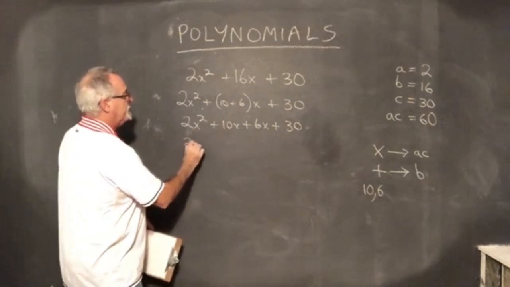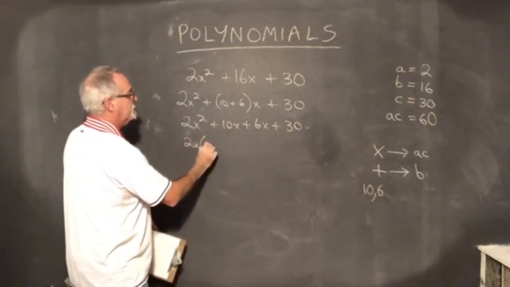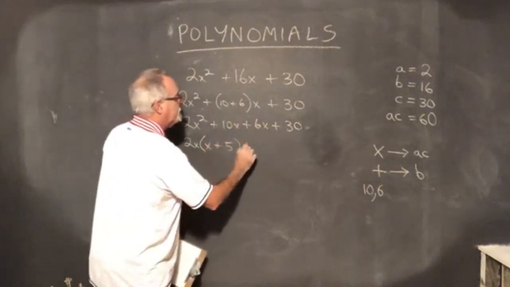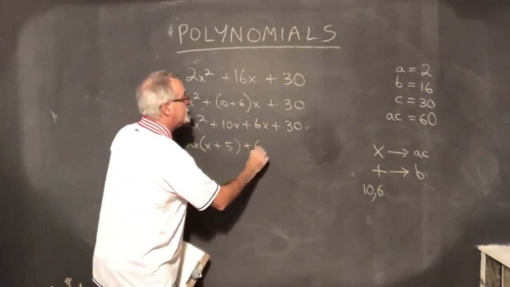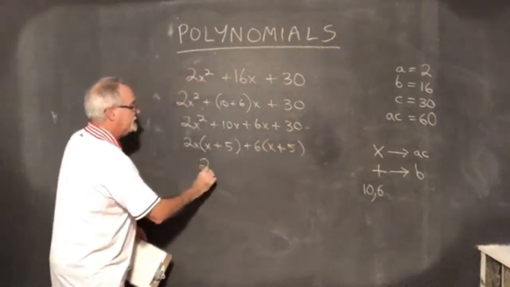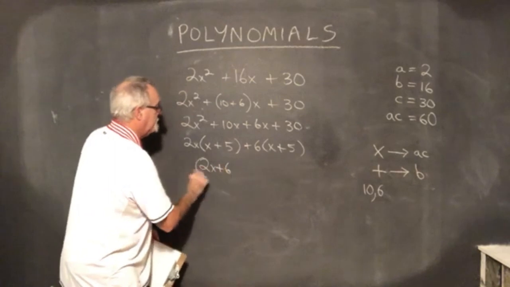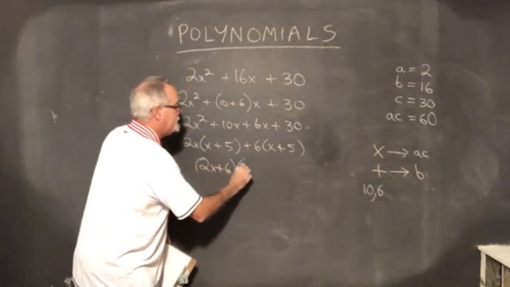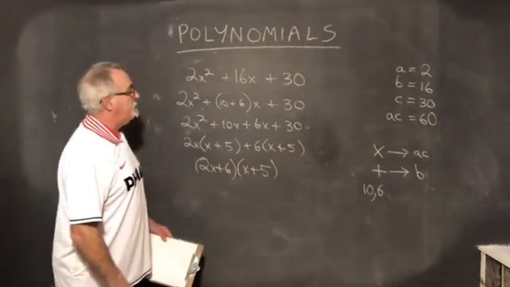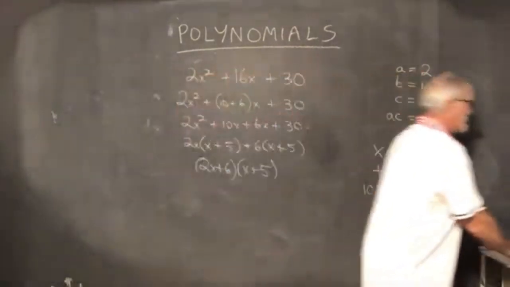Common factor of these first two terms is 2x, which will leave me an x plus 5. Common factor of these last two terms is 6, which will leave me an x plus 5. Rewrite it as 2x plus 6 together in a bracket, and x plus 5 written only once, and we are done. I'm not going to do the verification because I want to do that last example.